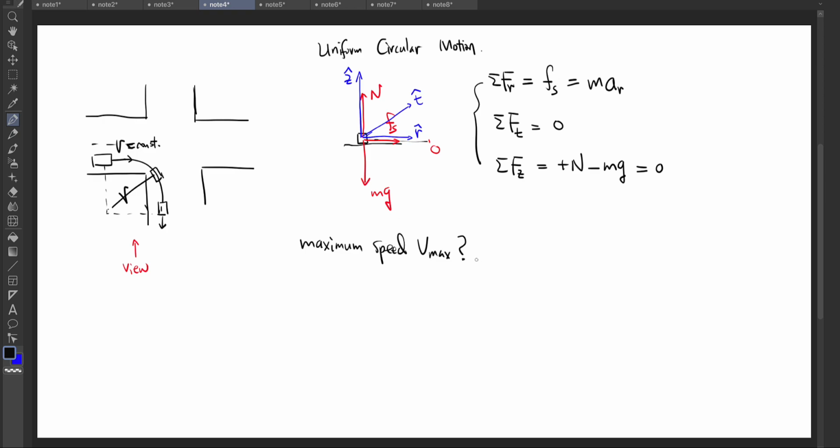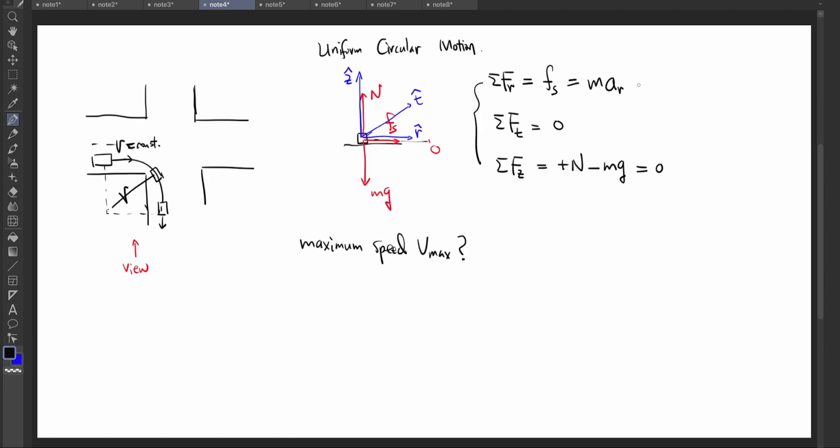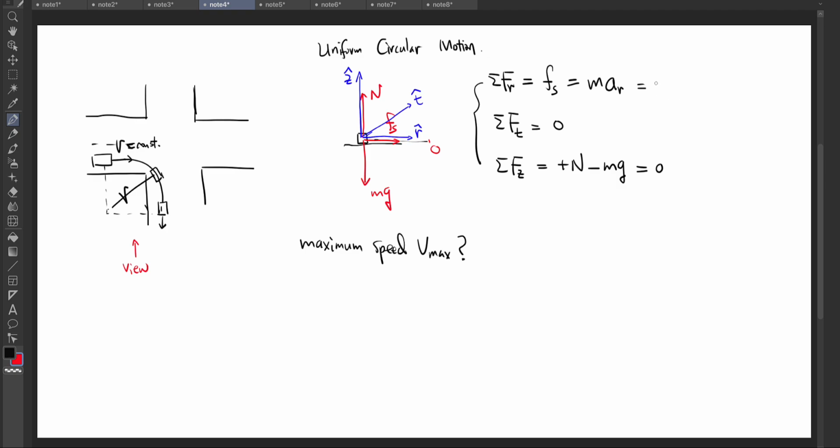Now for that kind of problem, we need to continue here with this equation by replacing a_r by v squared over the radius r. Okay, we need to do that.